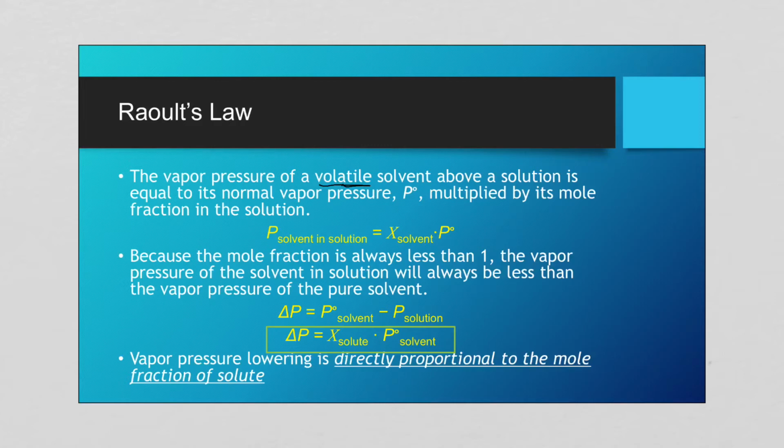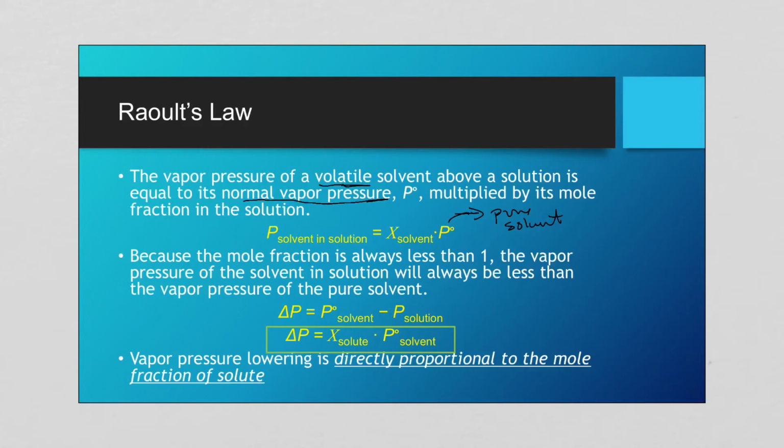So the vapor pressure of a volatile solvent above a solution is going to be equal to the vapor pressure of the pure. So when we say it's normal vapor pressure, right, this is the vapor pressure of the pure solvent times the mole fraction of the solvent.